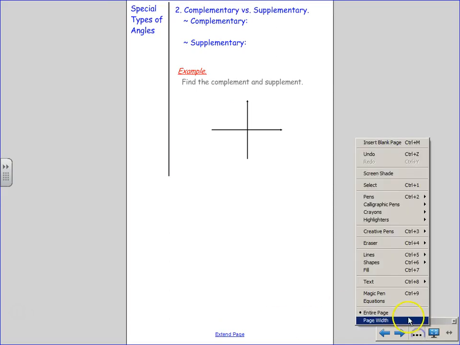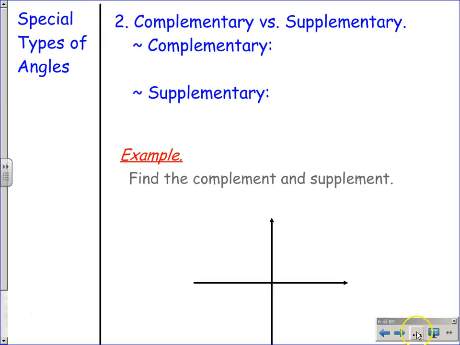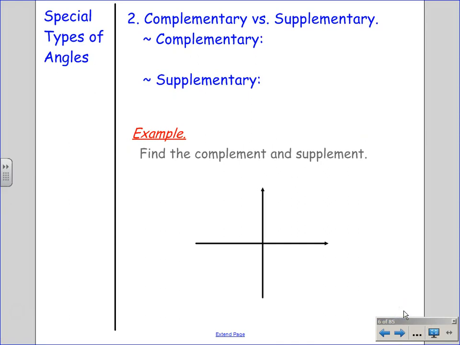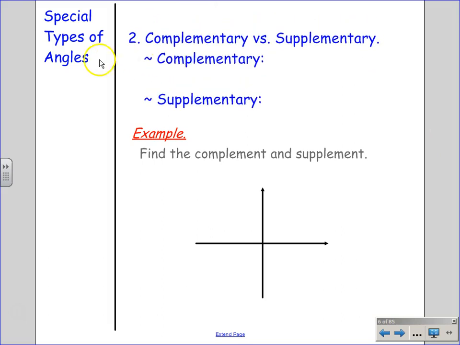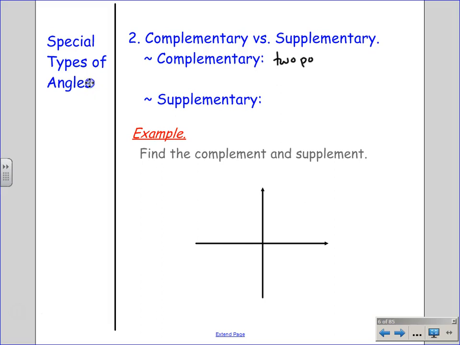Now, complementary, supplementary. You guys remember these words, kind of, don't you? Complementary, 2 angles, 2 positive angles that add up to be what? Do you guys remember? Which one's which? Yes. Supplementary adds up to be 180, whereas complementary adds up to be 90. So 2 positive angles.